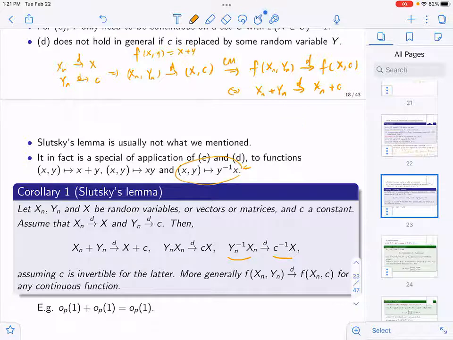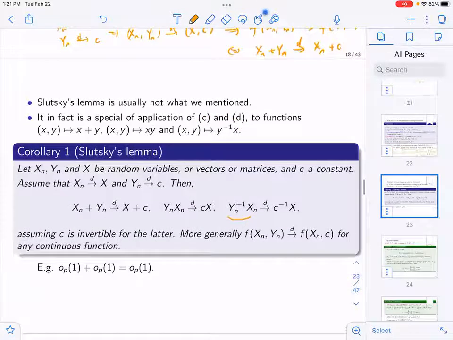In fact, the way I wrote this is from the asymptotic statistics book. You can think of Xn and Yn being matrices, and as long as C is invertible as a matrix, then this function is continuous on the support of the distribution of the limit. So this holds, and you can do these easy manipulations.